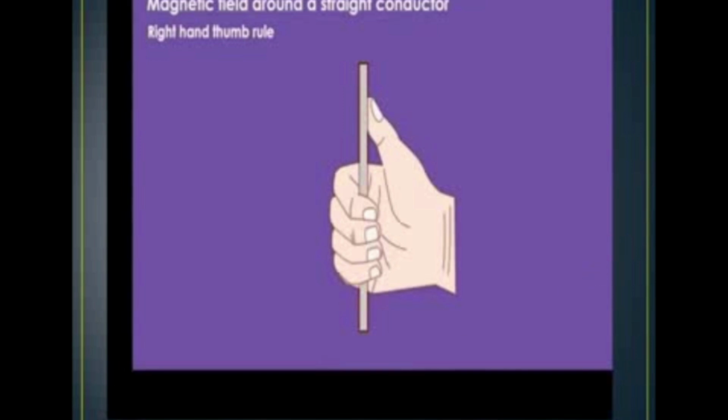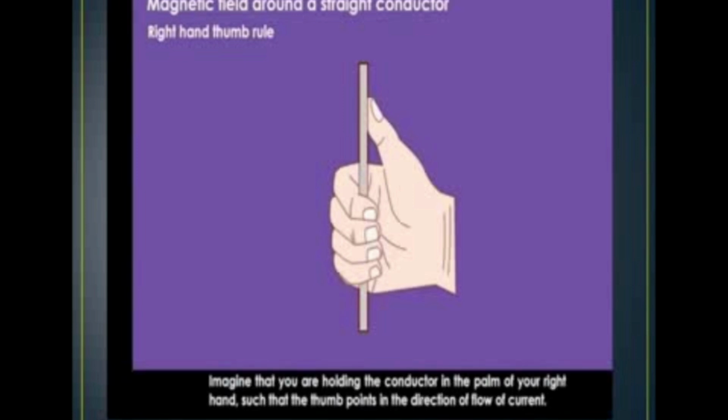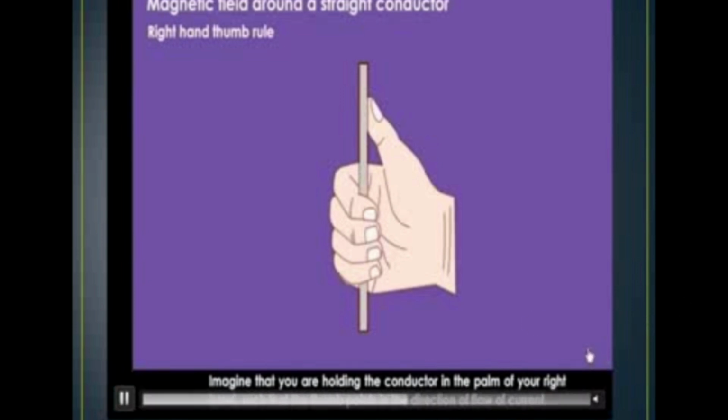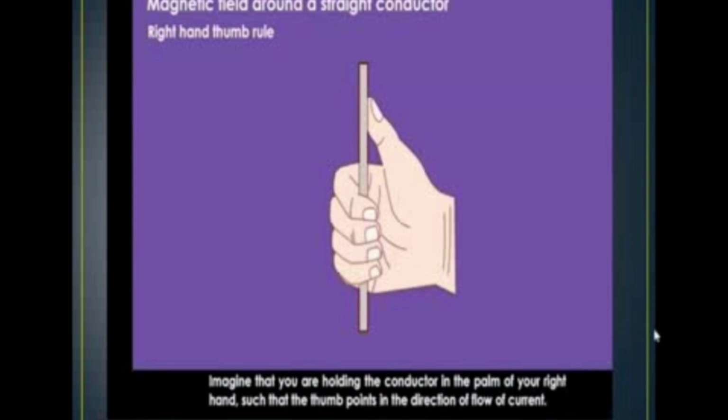If we hold the current carrying conductor in our right hand such that the thumb points in the direction of the current flow, the fingers encircling the wire point in the direction of the magnetic field lines produced. The thumb indicates the direction of flow of current. In the conductor on our screen, we can take the current as going from bottom to top, an upward direction.